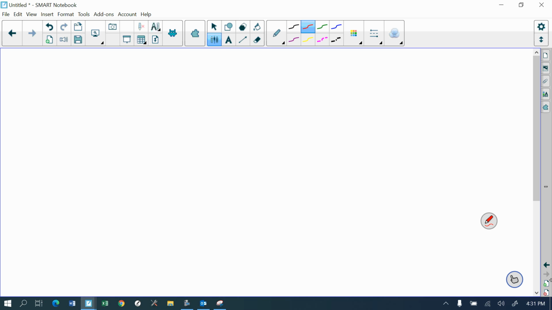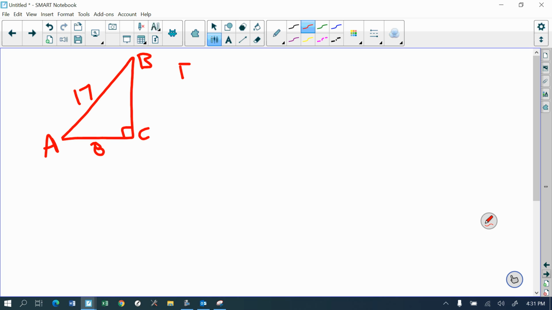Okay, so let's say I have a right triangle and it tells me this is 8 and this is 17. A, B, C. And it tells me to find the six trigonometric ratios.